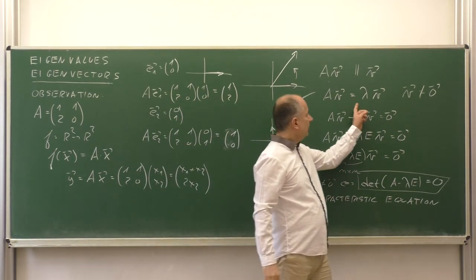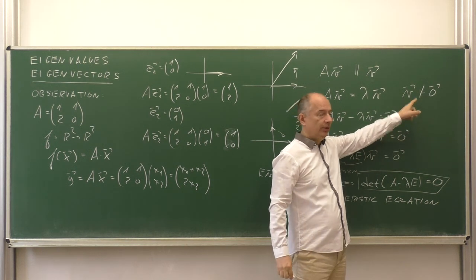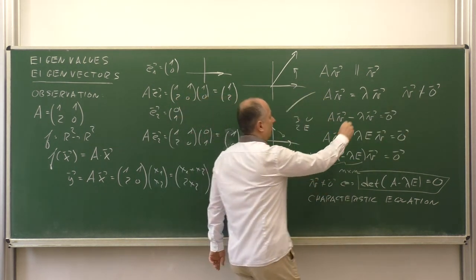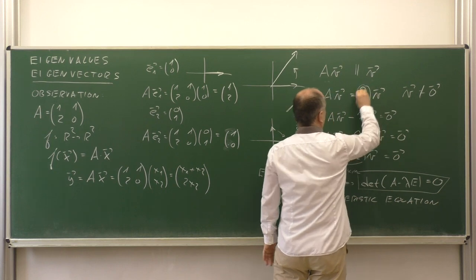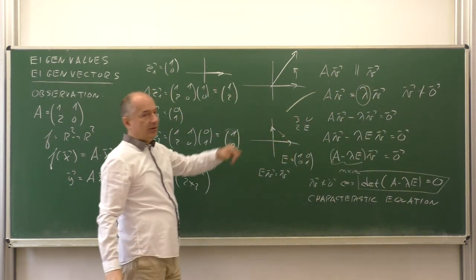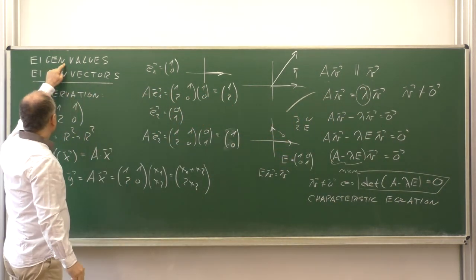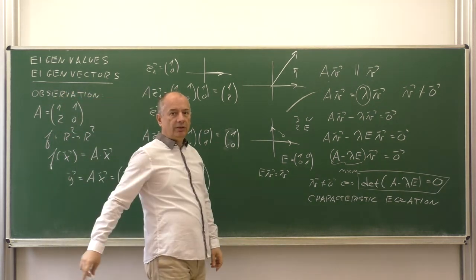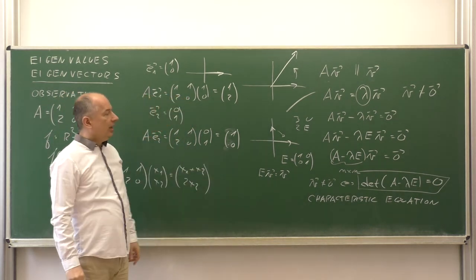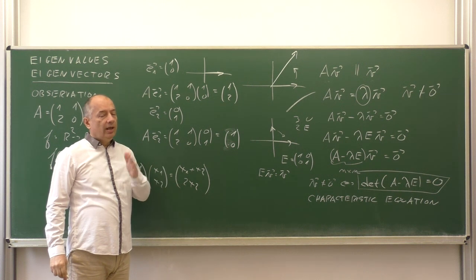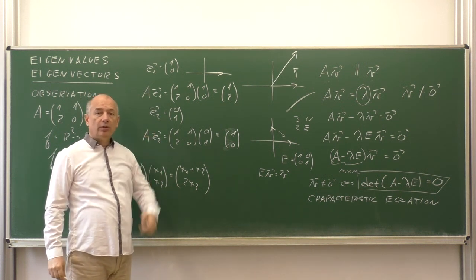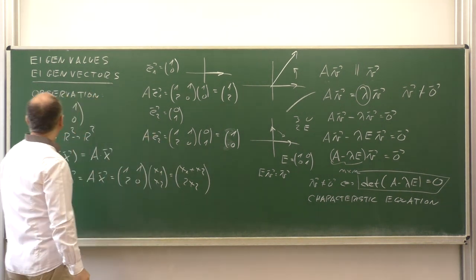In the definition it should be non-zero. This goes into the definition. And such a value, lambda, which satisfies this, is called the eigenvalue corresponding to this particular eigenvector. If there are more eigenvalues, then it may happen that for each eigenvalue we have its corresponding eigenvector.